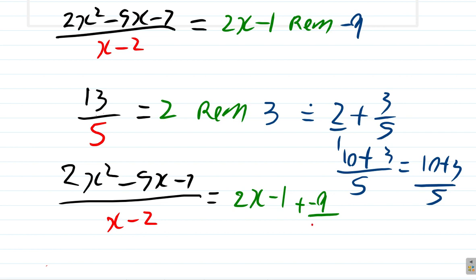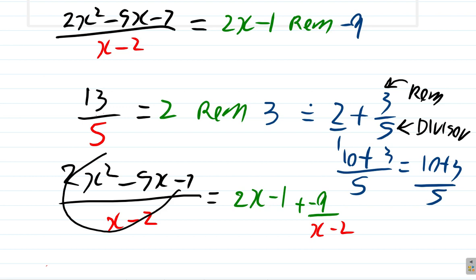Right? It's the same as saying 13 divided by 5 is 2, remainder 3, same as 2 plus the remainder over the divisor, the thing that is doing the dividing. Now, is 2x minus 1 plus negative 9 over x minus 2 the same thing as what you have over here?